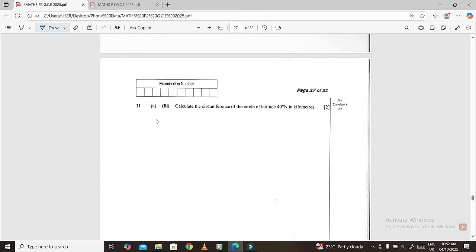They're saying circumference. So to find the circumference here, we know that whenever you're finding a circumference, the formula to use is this one. So in our case, we are going to use capital R cos y, because r is equal to capital R cos y.